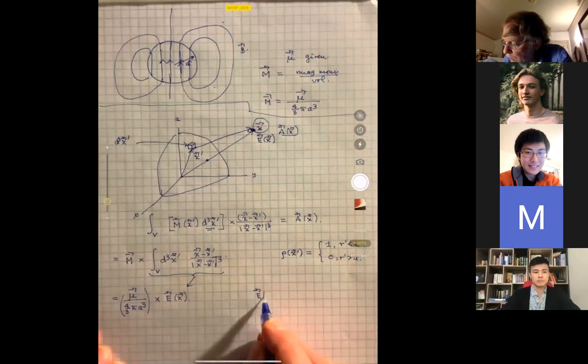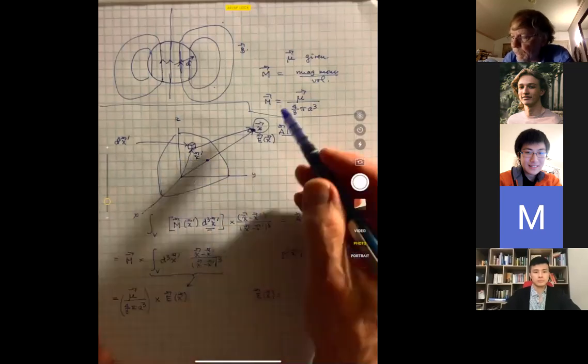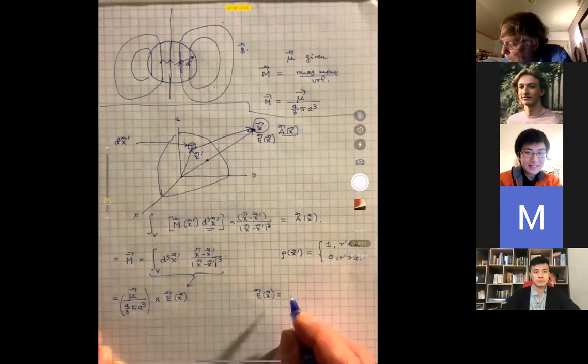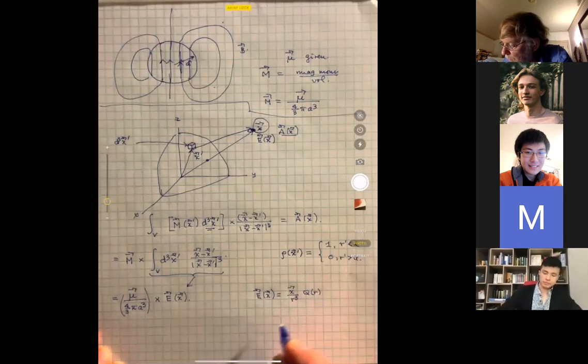However, that E of x can also be evaluated by using Gauss's law because it's a spherically symmetric distribution, and so it's a radial electric field. And so by Gauss's law, E of x is equal to x vector divided by r cubed, multiplied times the charge q of r, where q of r is equal to the charge inside radius r.